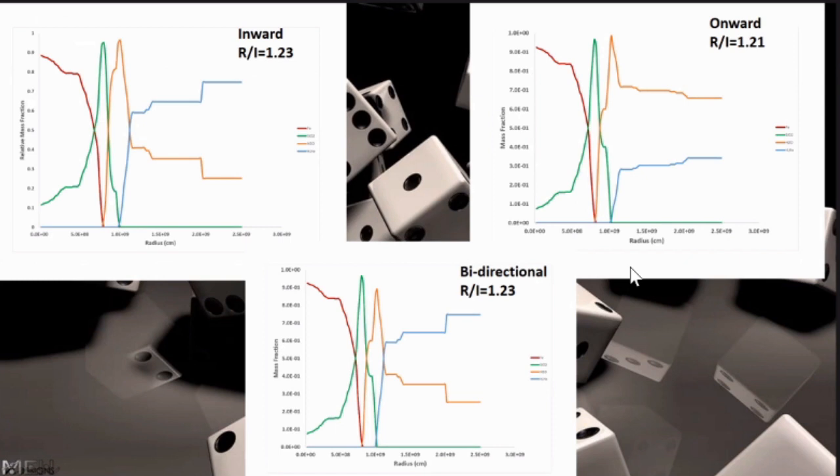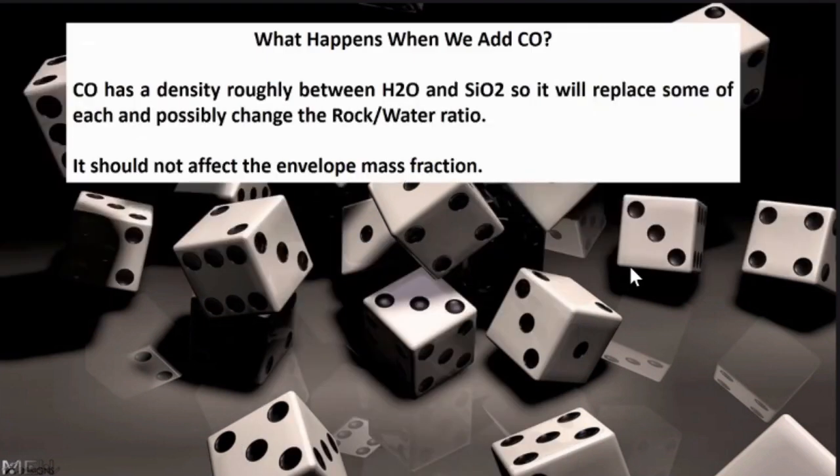And the inward and the bidirectional end up the same at the edge. And you can see that. But the change in the rock to water ratio isn't very large. It's 1.23 for the inward, 1.21 for the outward, 1.23 for the bidirectional. So all these tricks don't really help. If you want to get a rock to water ratio of 2, it's hard. Okay, so one idea was, well, what happens if you add CO?